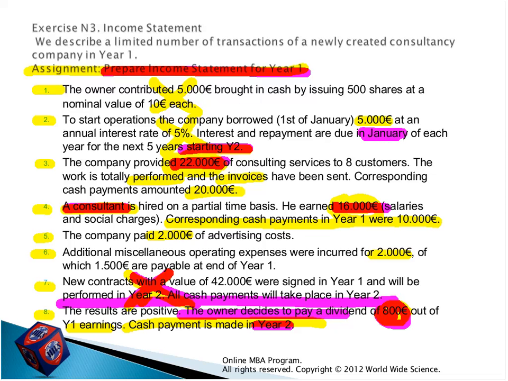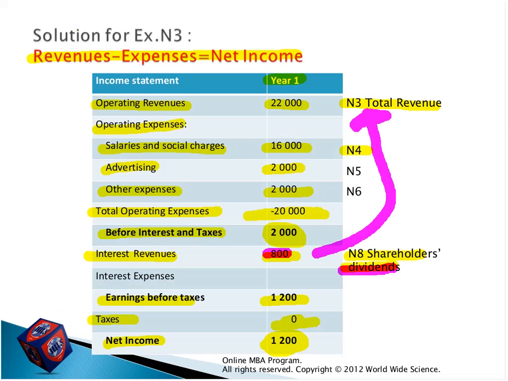Just a moment, let me think first. We are going to pay in the second year, in January, the interest which belongs to the first year, right? So logically, it's true that we have to put this interest in our interest expenses, which would be around 250, which is 5% of 5,000.